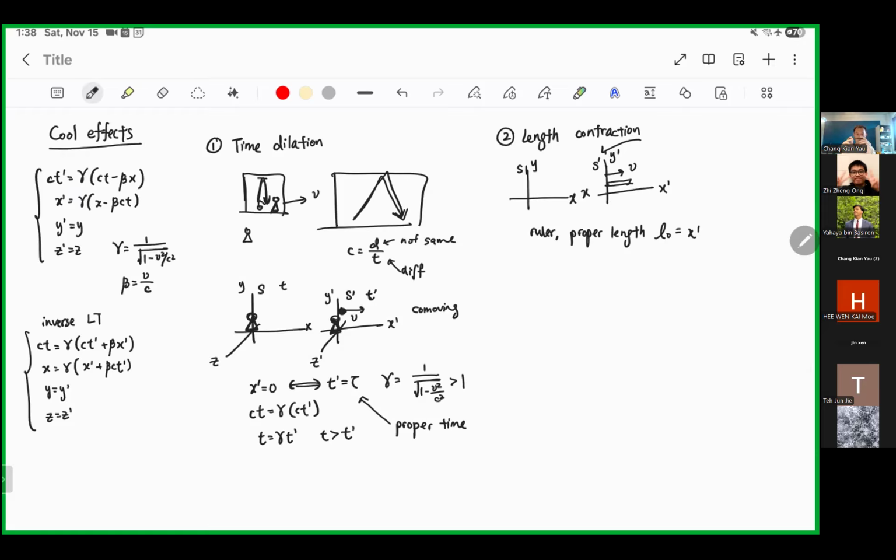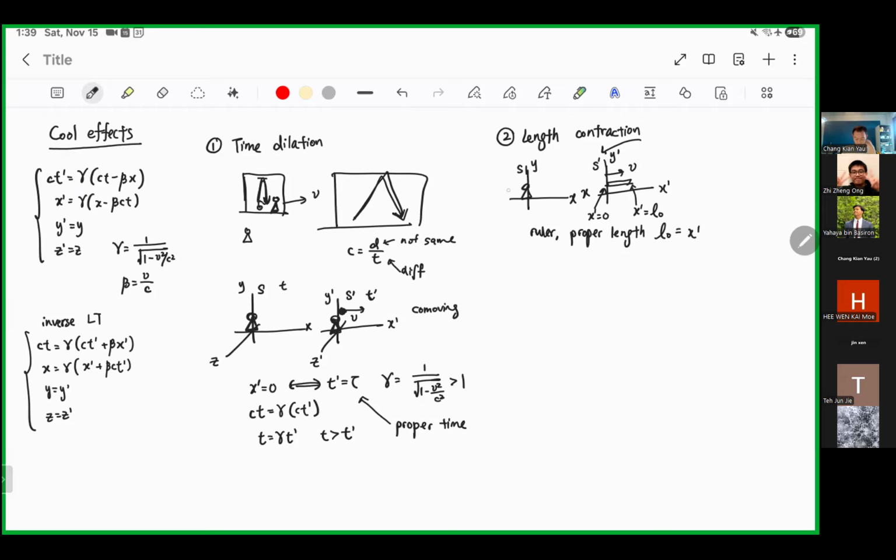So we take the initial point as x prime equals 0, and this is x prime equals L naught. So we measure the difference in length, and we need the time when we measure both ends to be the same.